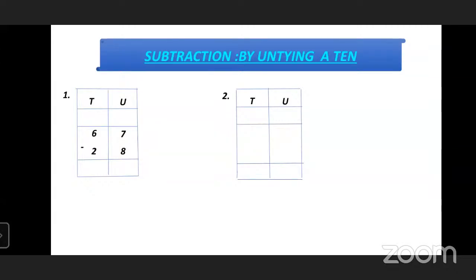Is it possible, children, to subtract 8 out of 7? No. So in such cases, we have to borrow a number from our next house, that is from the tens. Since the tens place has 6, it will give 10.